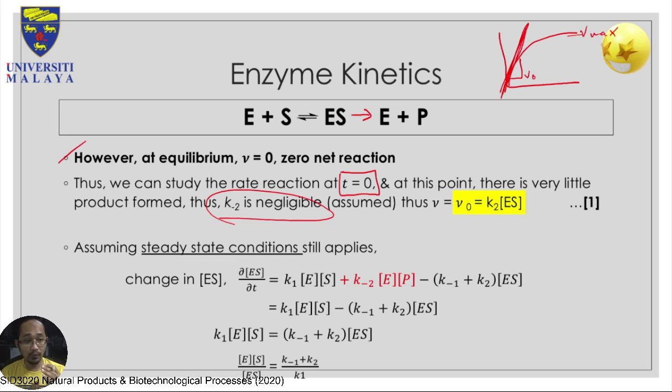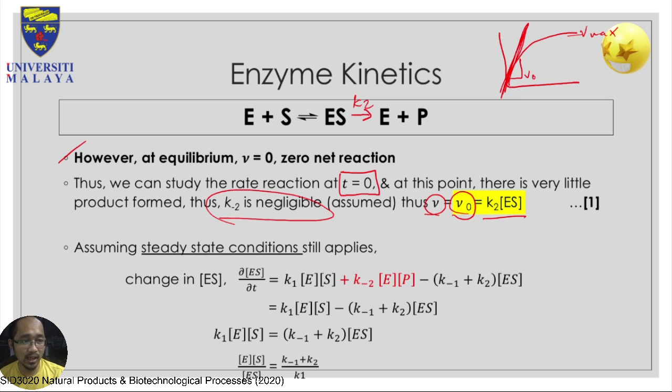If you remember reaction 1, which is the rate of formation from the previous slide, therefore V or V naught, since we are considering t equals 0, now turns into K2 times ES. So the rate of formation only depends on this.